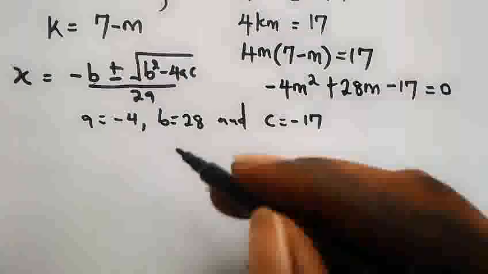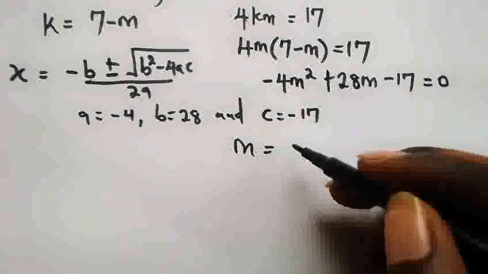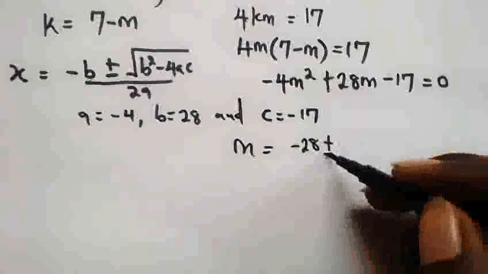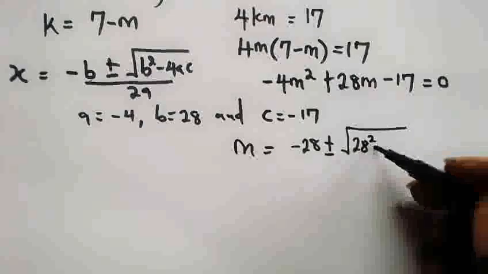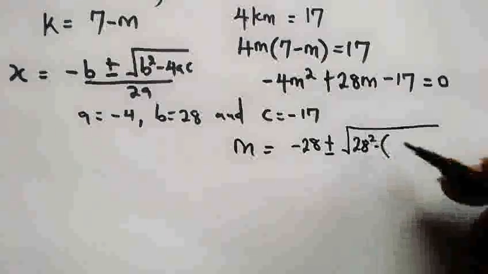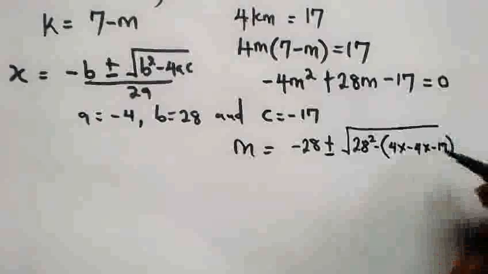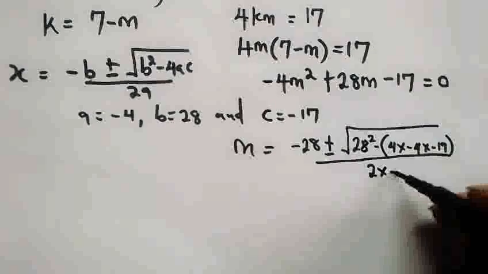Now simplifying this, we have m is equal to negative b, that is negative 28, plus or minus square root of b squared, that is 28 squared, minus in bracket 4 times a times c, 4 times negative 4 times negative 17, all over 2a, that is 2 times negative 4.